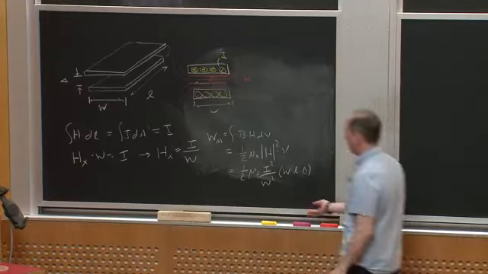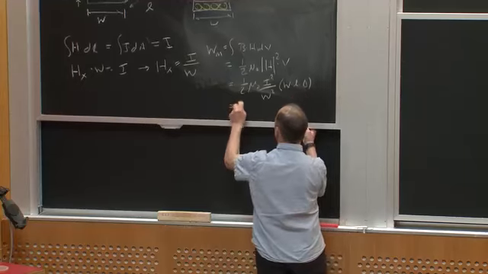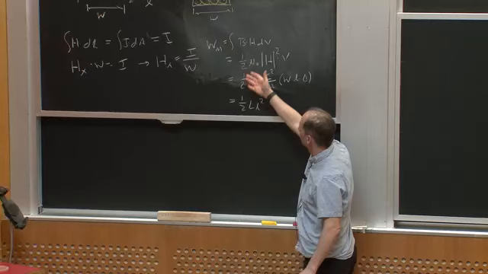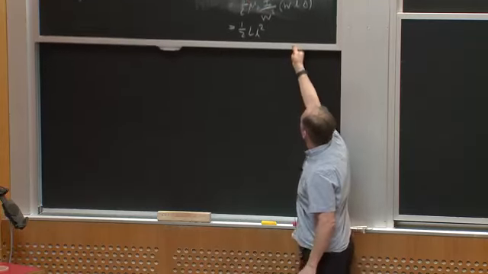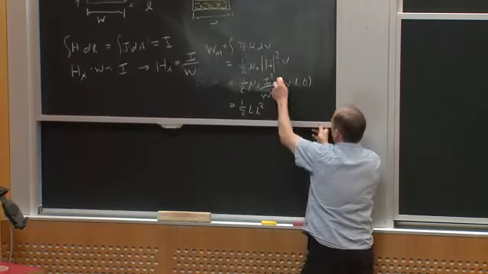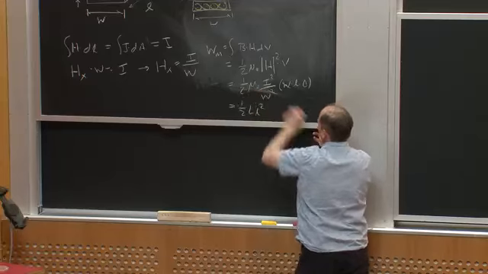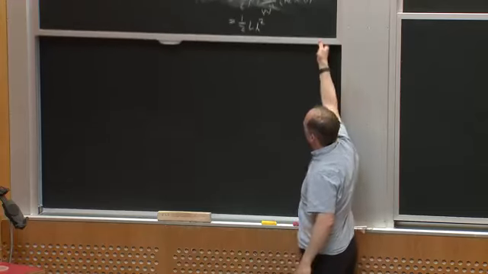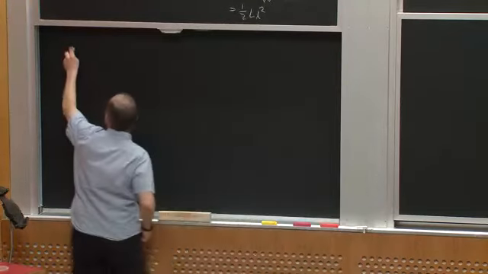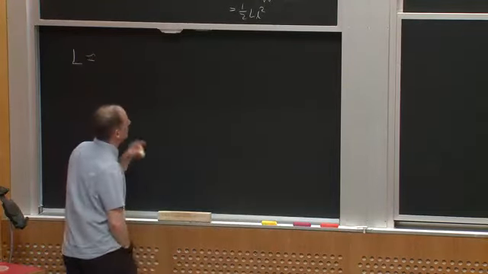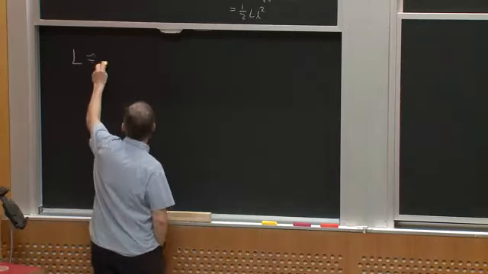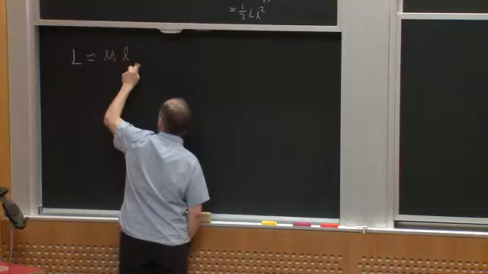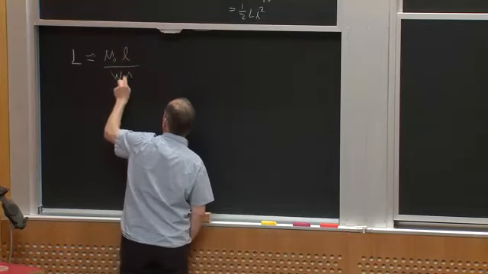So this is also equal to 1/2 L i squared. Okay, that's the energy I'm storing in the magnetic field. And if I work that out, this cancels, then if I just pattern match here, what I get is L is approximately equal to, with these simplifications, mu naught L over W and delta.